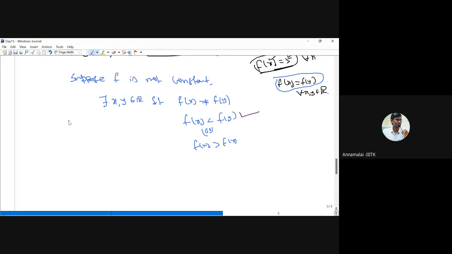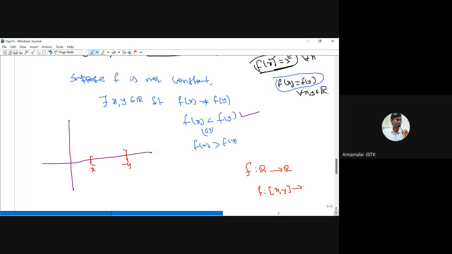Look at the graph. Without loss of generality, we assume that x is here and y is here. Now look at this interval. The given function is defined on R to R, but we can restrict this function to the smaller domain x to y.